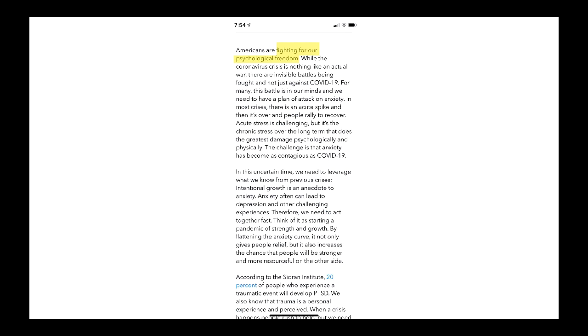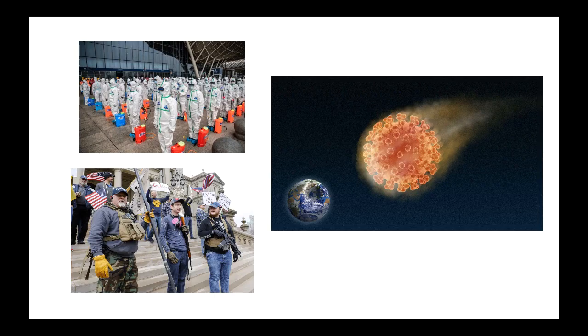It's about how to deal with coronavirus psychologically and talks about how we are fighting for our psychological freedom. And it notes the metaphor. The coronavirus crisis is nothing like an actual war, but we are fighting psychological battles. So it takes up the metaphor and uses it a different way.